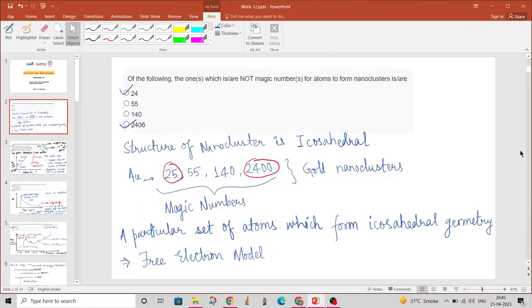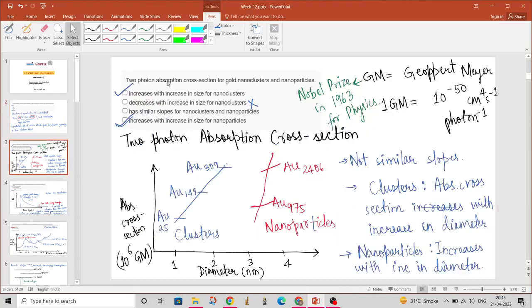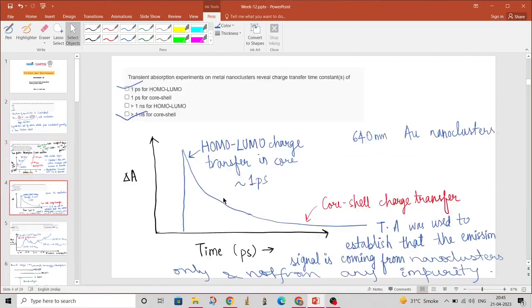So we discussed the magic numbers in question 1, that nanoclusters have icosahedral geometry, they follow the free electron model, and the two-photon absorption cross-section for both nanoclusters and nanoparticles increases with increase in the size or the diameter.